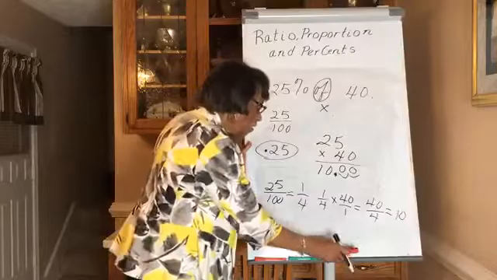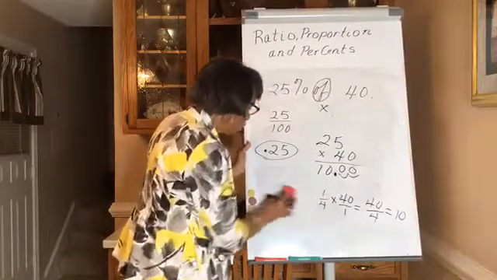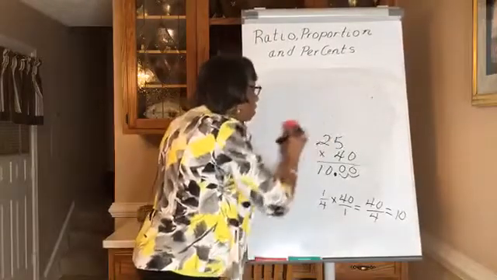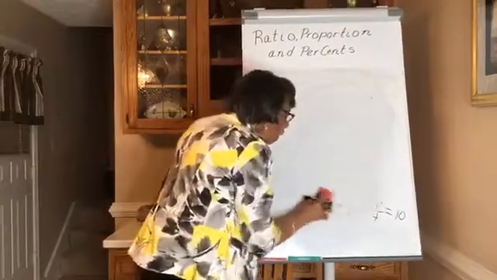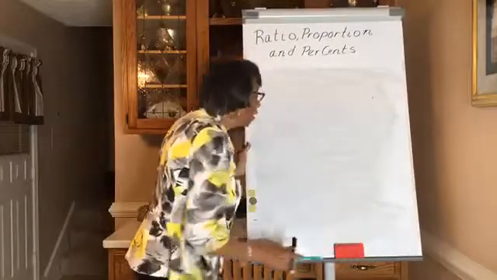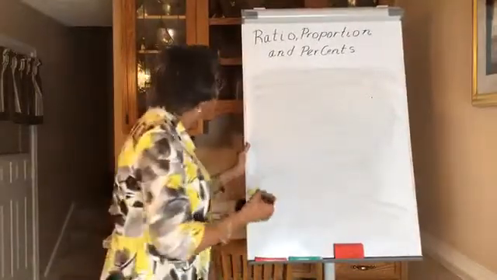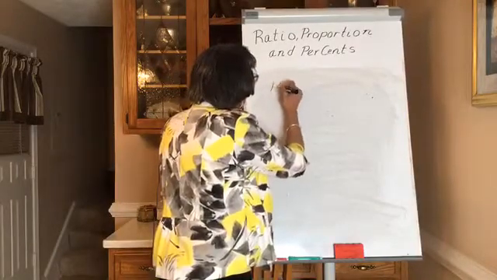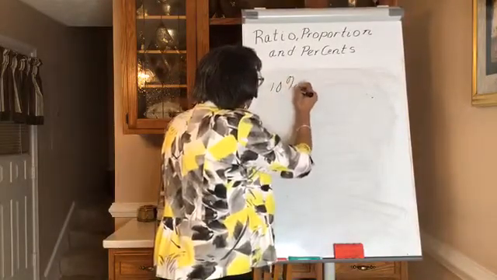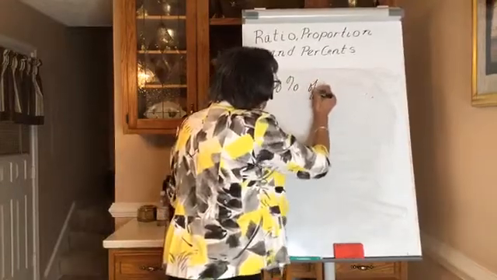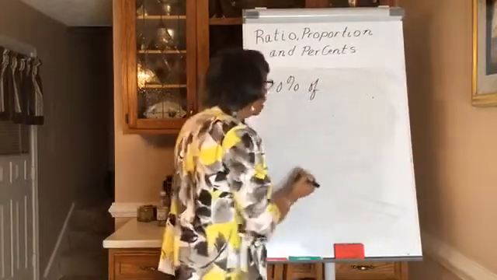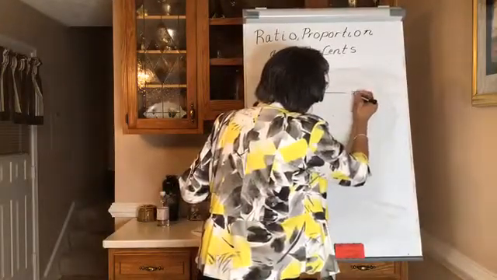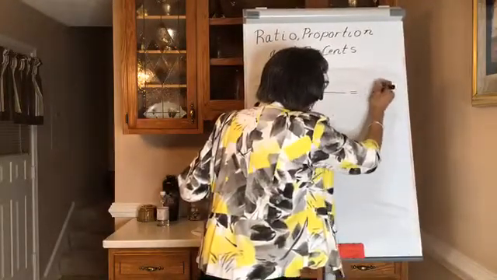Okay, so that's one type of problem. All right, let's suppose we had this. I'm keeping easy numbers. 10% of what is 5?